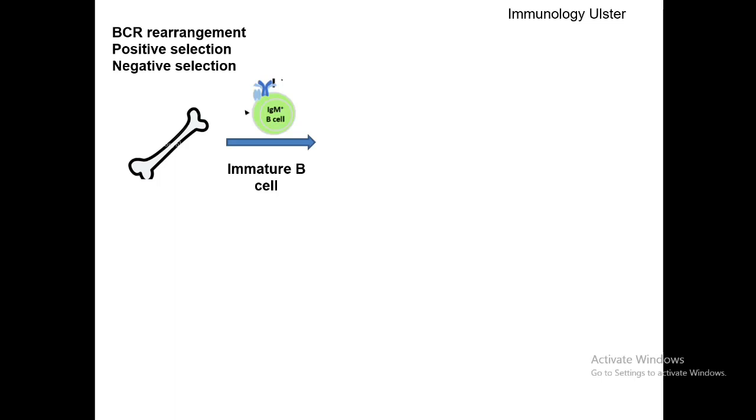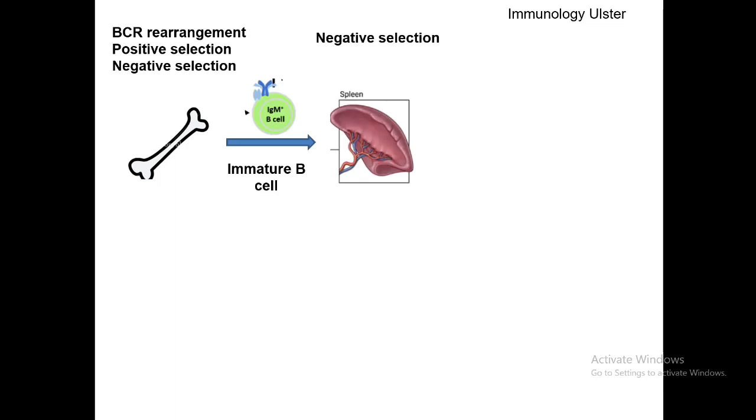And at the end of that process, what happens is the immature B cell leaves the bone marrow, producing IgM, and it makes its way towards the spleen. And in the spleen, it'll go through another round of checks to ensure that it doesn't respond against self-antigen. And at the end of that process, it leaves the spleen as a naive, mature B cell.